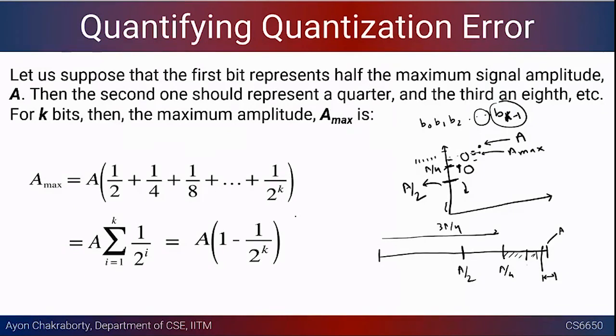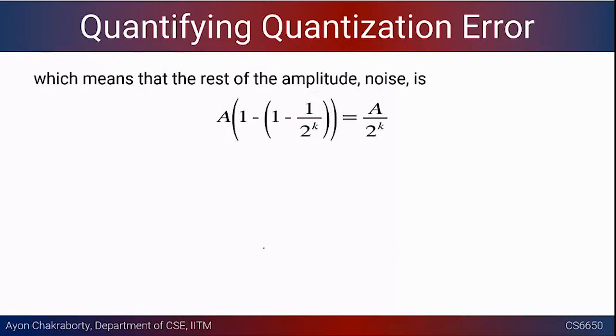If you sum the GP series, it becomes A into 1 minus 1 by 2 to the power k. Which means the rest of the thing will be noise, an error, because A minus A max, where A max is what you are able to represent digitally, the remainder will be the noise.